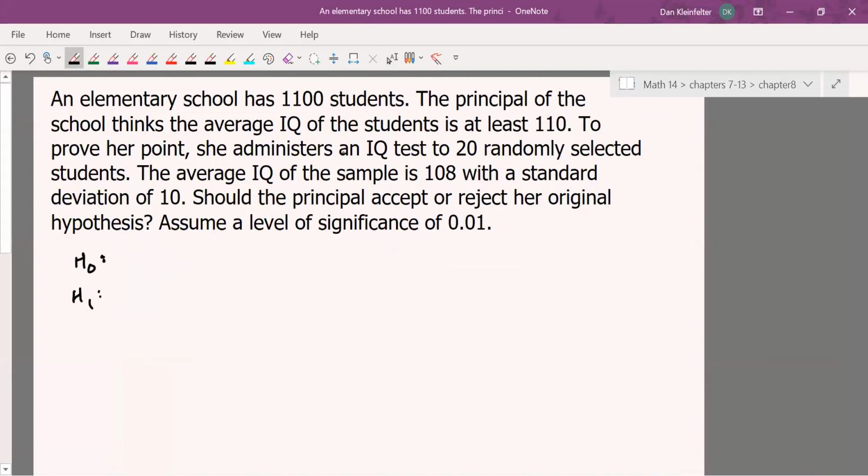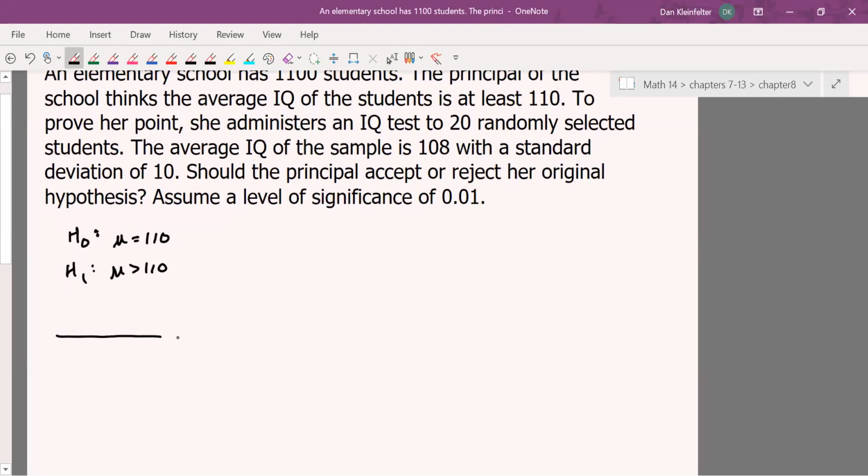Okay, she thinks that the IQ is at least 110. So that will be the mean, bigger than 110. Mean is not, will be our null hypothesis. Okay, and then for this, it is again a right-tailed test.